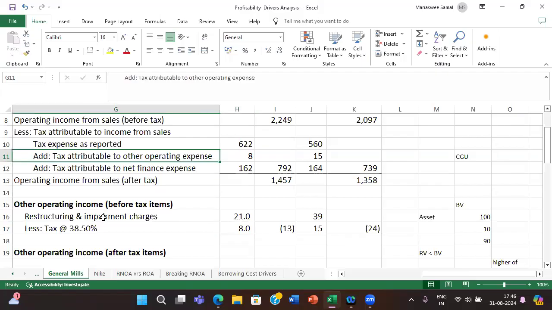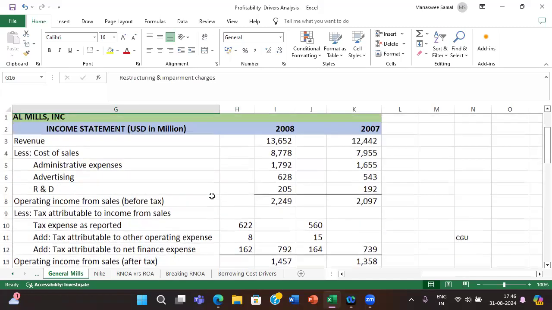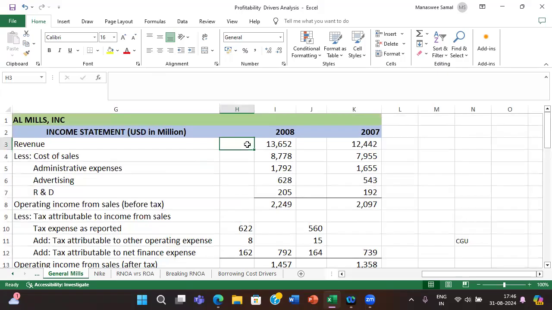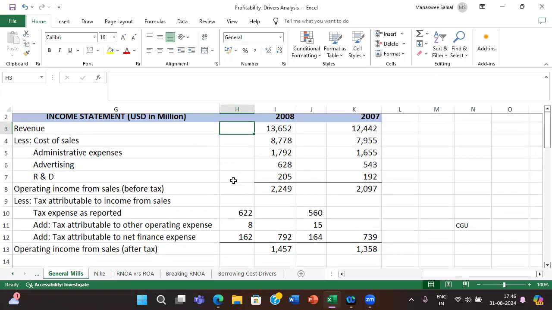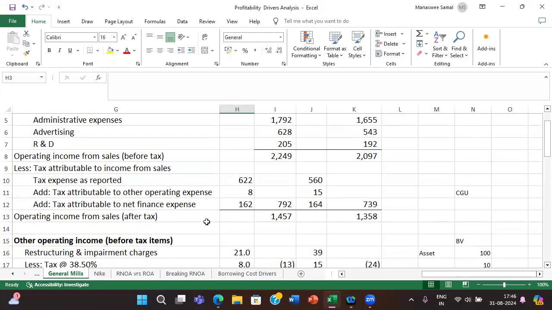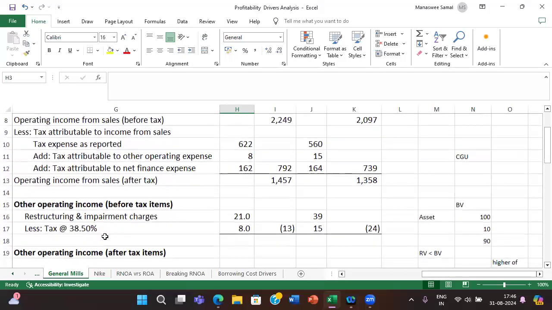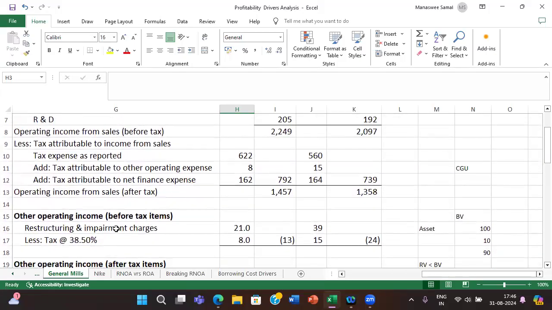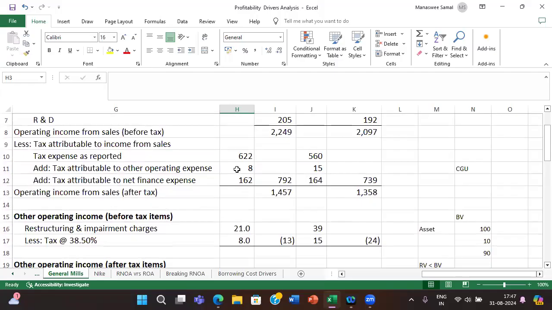Means if this expense wouldn't have been there in the P&L, obviously, had the company got only these items, let us say revenue and these expenses, only these, let us say how many lines? 4 lines. Okay. Obviously, the tax expense of the company would have been higher. So that's the concept involved here. So you reduced 8 here, and that's why you are adjusting 8 here.